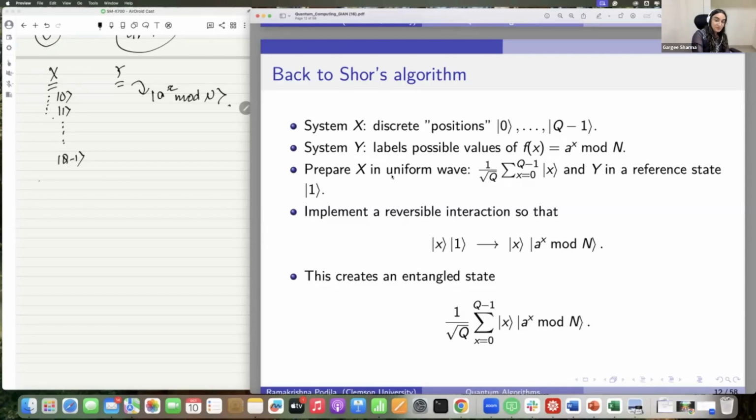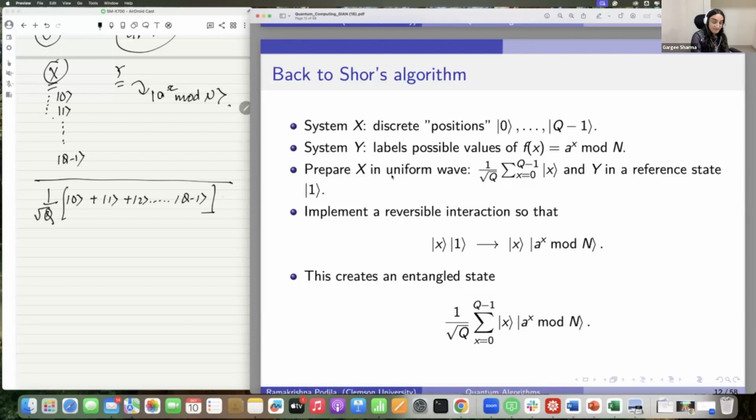Then you prepare this system in some uniform superposition. For example, your starting state for x is 0 plus 1 plus 2 up to q minus 1, with a normalization of 1 over square root q.